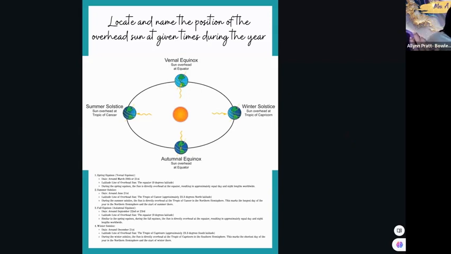Everybody takes paper 1, but it depends on whether you're taking the core or the extended, whether you take paper 2 or paper 3. Answer all questions on paper 1, and for paper 2 and 3, you choose only 4 questions. Do not answer all the questions in paper 2 and paper 3.